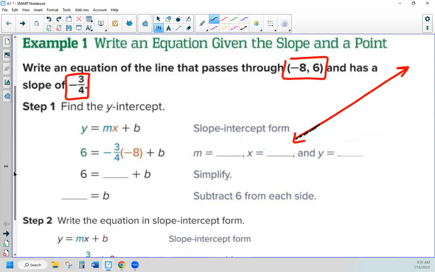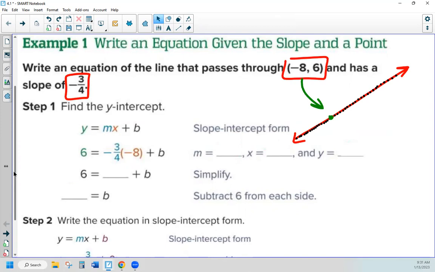There is no finite number that I can actually say. Out of those infinite points, they gave me one of them. Let's say this one is (-8, 6).